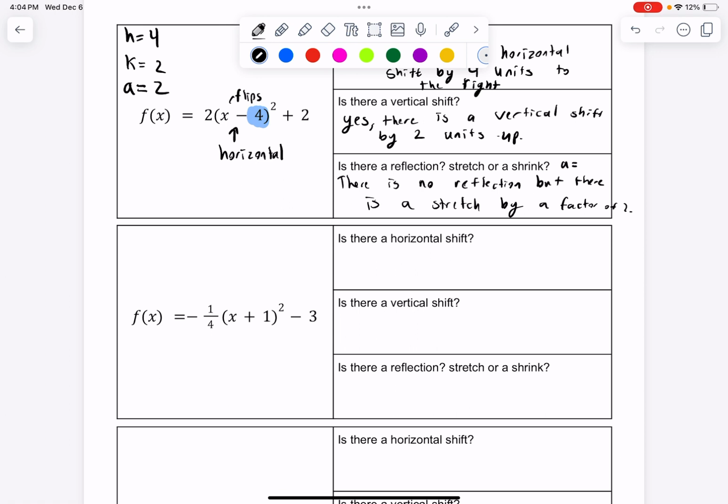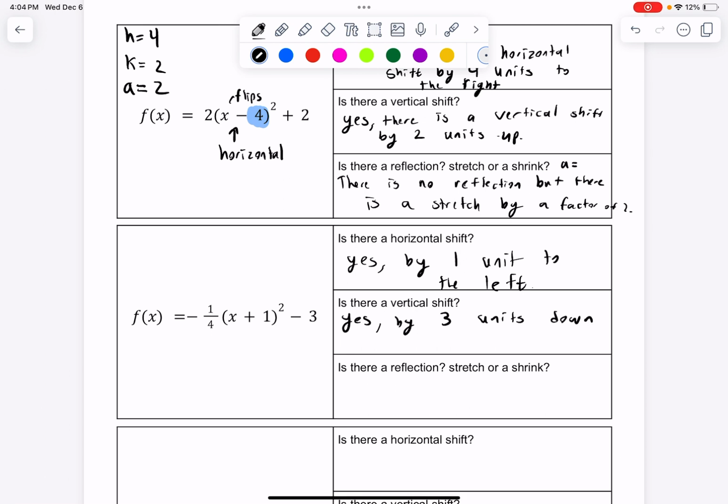So the horizontal shift, what you guys should have gotten is yes, there is a horizontal shift by 1 unit to the left. And yes, there is a vertical shift by 3 units down.